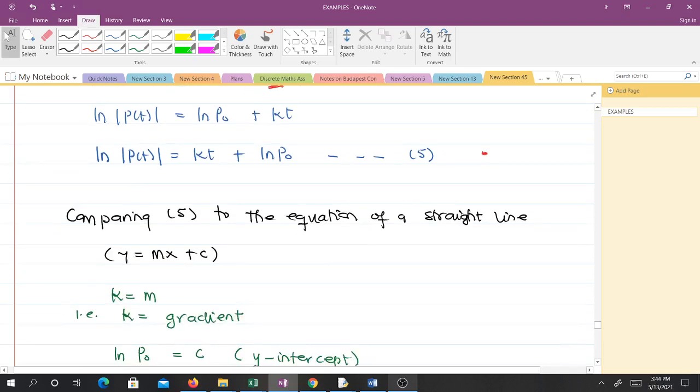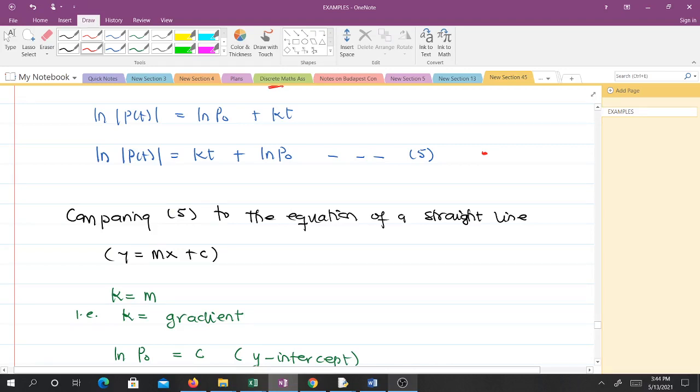So comparing this to the equation of a straight line, that's y equals mx plus c, what this means is that our k is equal to m.